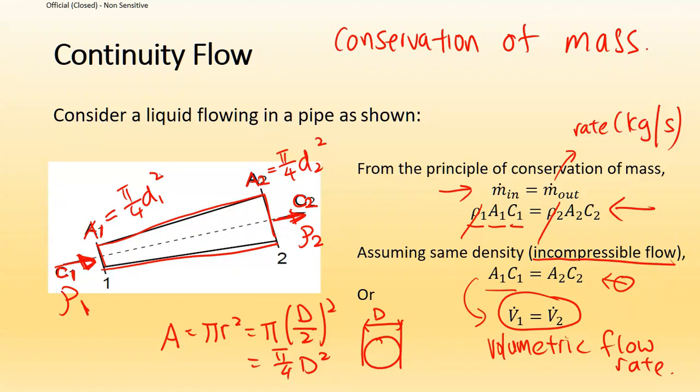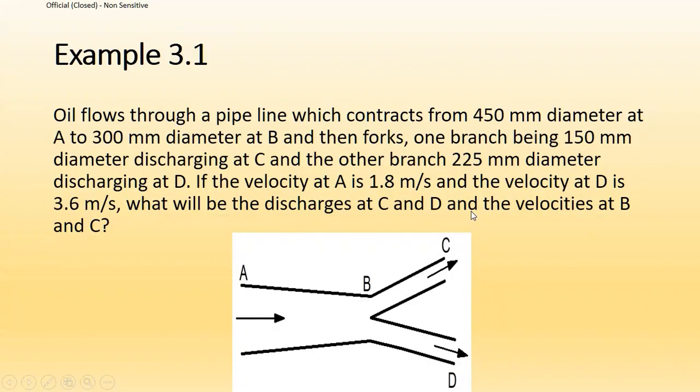So this formula might not apply entirely under certain conditions. But if you're talking about liquid alone, then density should usually be the same and it can be cancelled off. Therefore, A1C1 must be equal to A2C2. That's all for the theory part of the continuity equation.